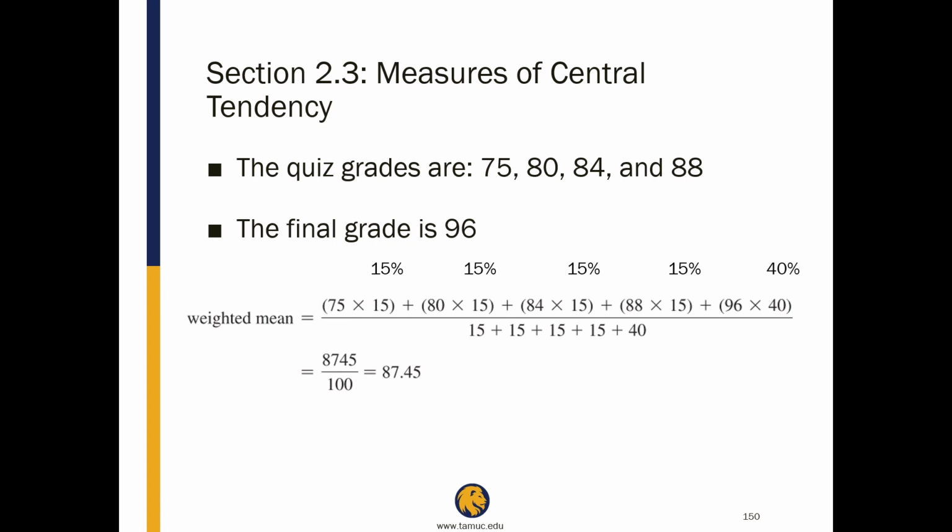And then at the very end is the 96 grade times 40 for 40%, divided by the weights or the percentages all added up, all the 15s, and 40. So that comes out to be 8745 divided by 100, or 87.45, as what we'll call the weighted mean.